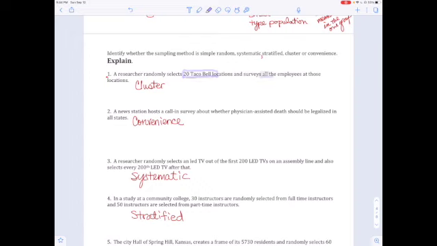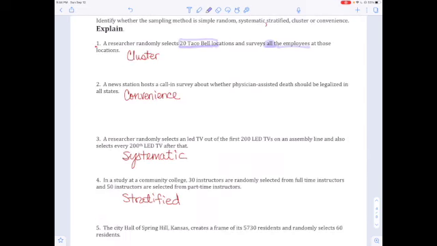And then you have all the employees in those locations. So therefore, it's going to be cluster because you are picking the same type of establishment and picking all from each Taco Bell.